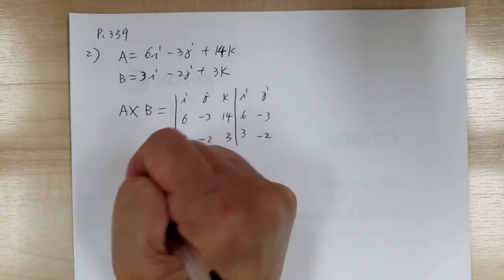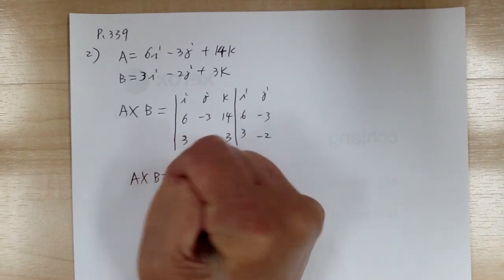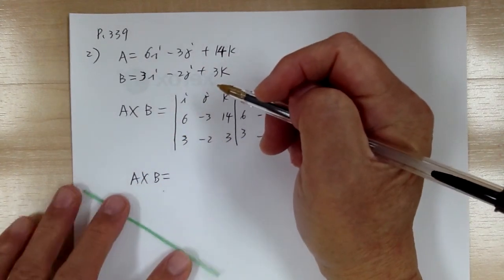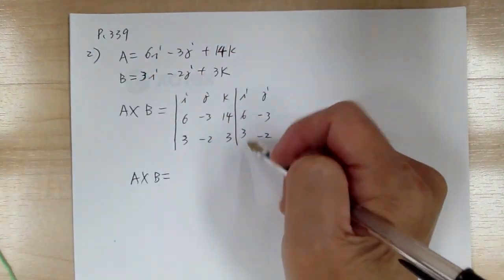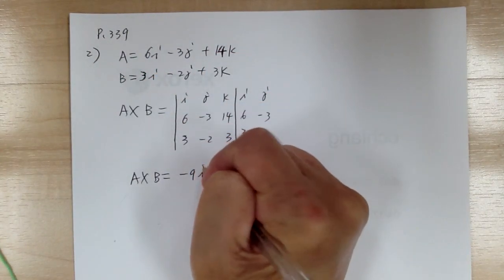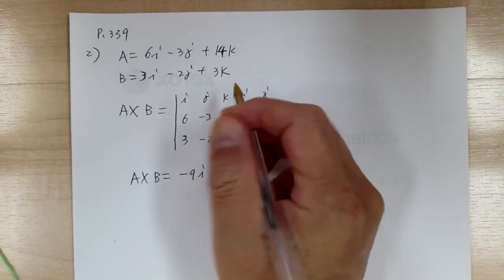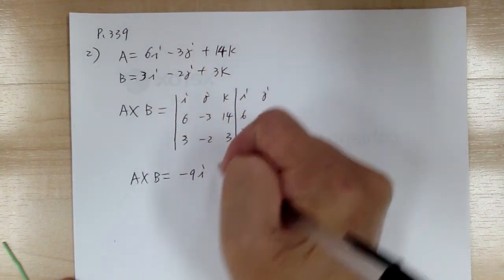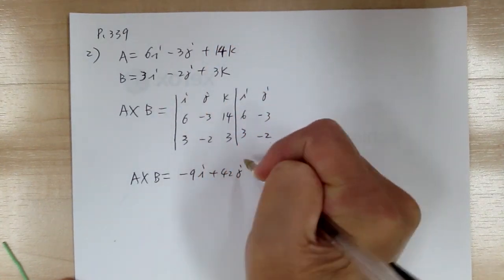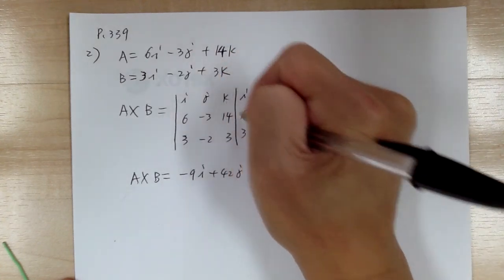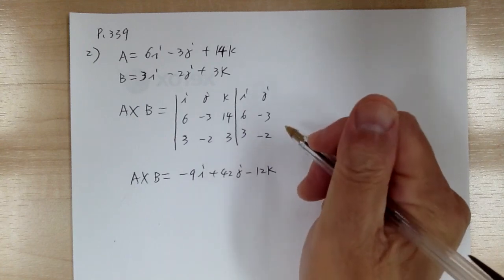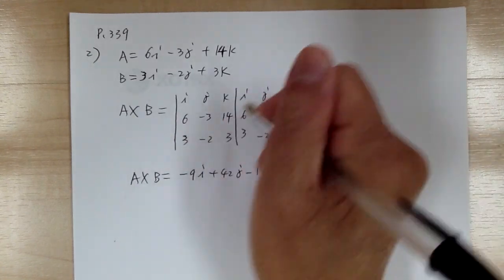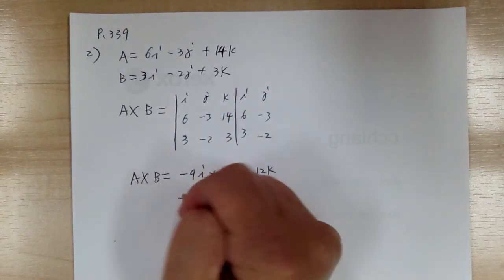So A cross B equal to, and what you do is you do the diagonal. So do the i, so it will be minus 9i. And then the j, so it'd be plus 42j, and then do the k, so it'd be minus 12k. Then you do the opposite way to do the negative, so you can write the negative right away.